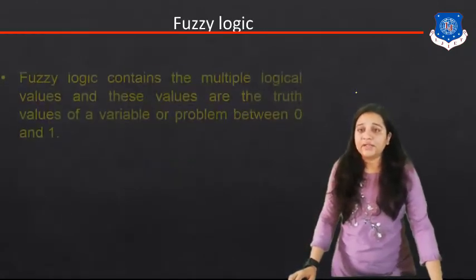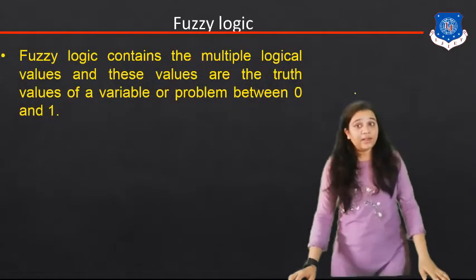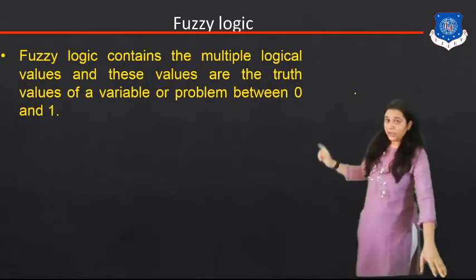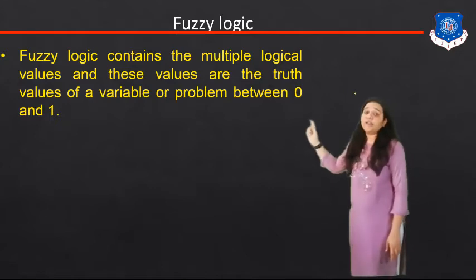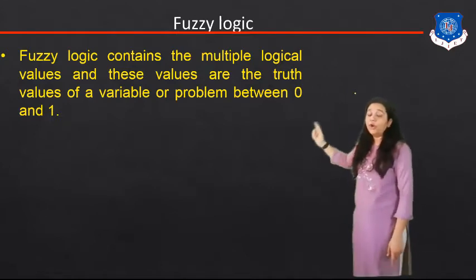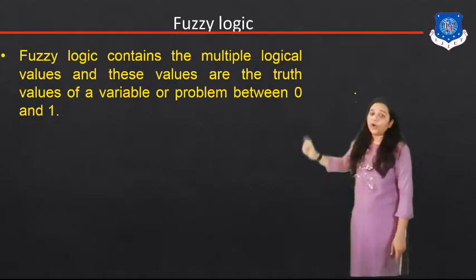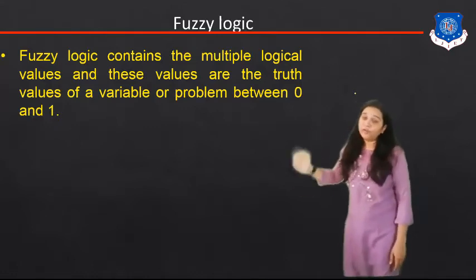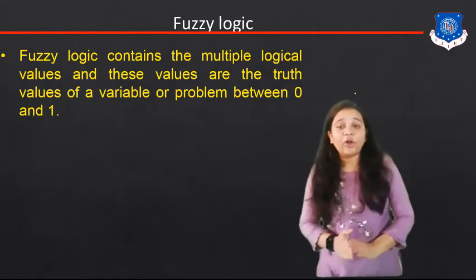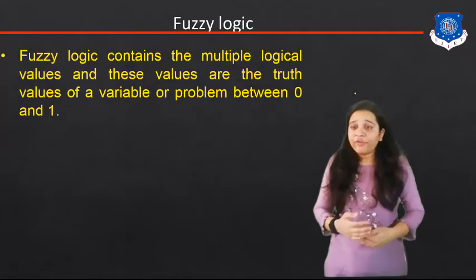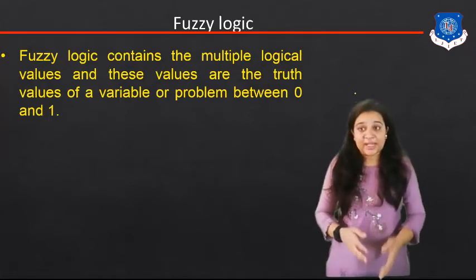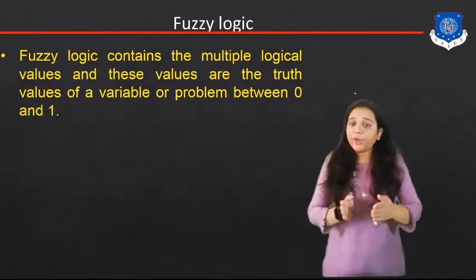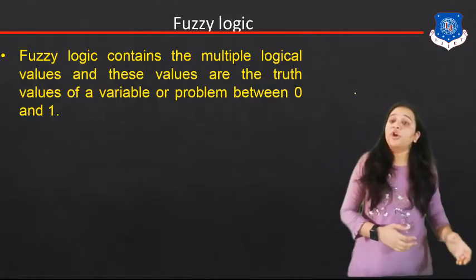Next, fuzzy logic contains multiple logical values, and these values are the truth values of the variable or the problem between 0 and 1. As you know, between 0 and 1 there are many possible values, suppose 0.1, 0.2, 0.3 up to 0.9.